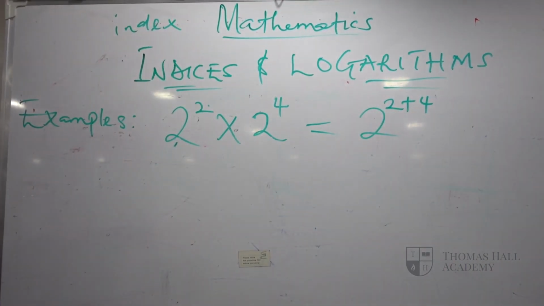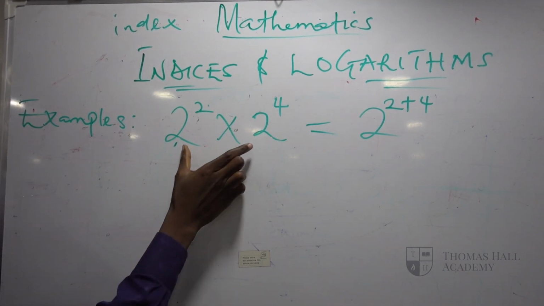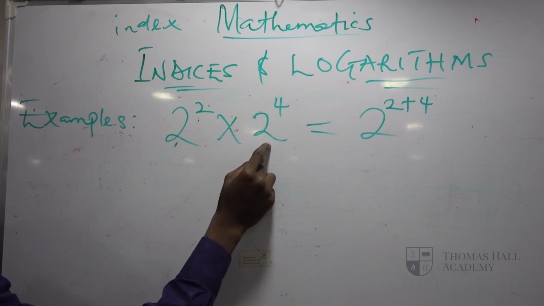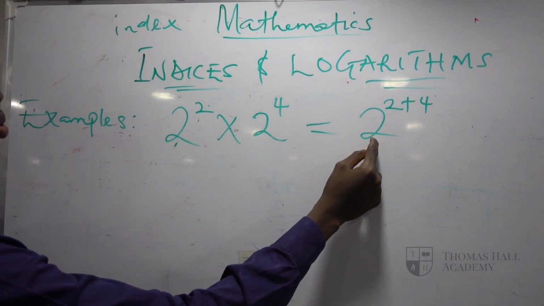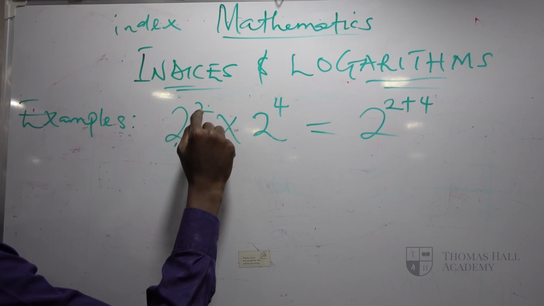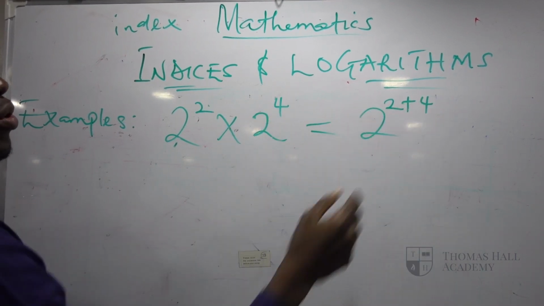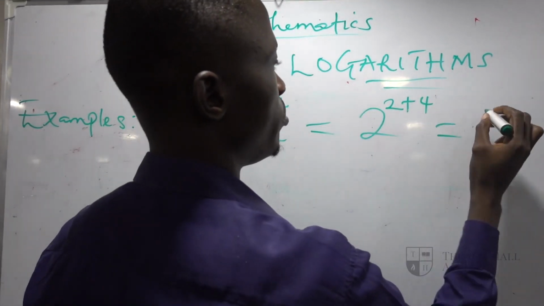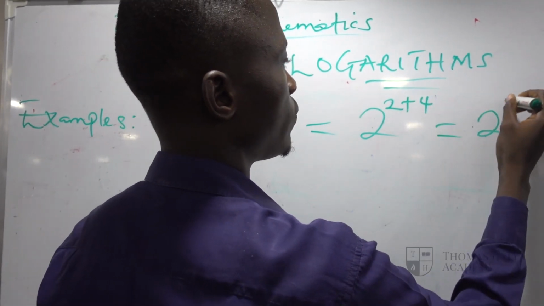Why do we have to add? We are adding because of the multiplication sign we have here. Then we add the powers, 2 plus 4. Thus, we have base 2, power 6.